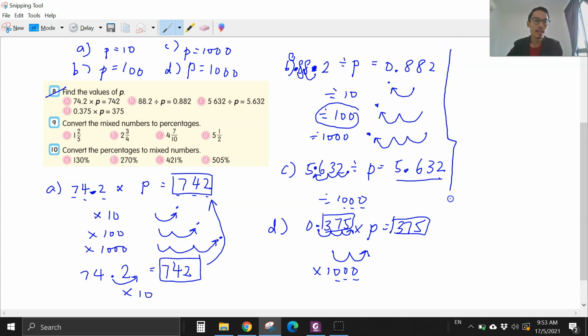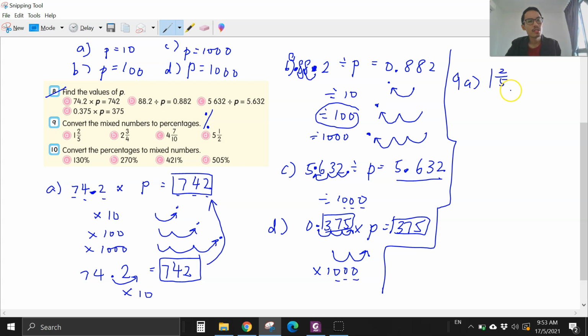Right, now let's look at number 9. Convert the mixed number to percentage. Okay, tukar kepada peratus. So 9A, 1 2/5. Okay, so how do we change to percentage?